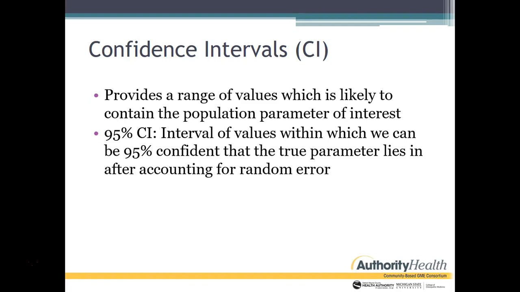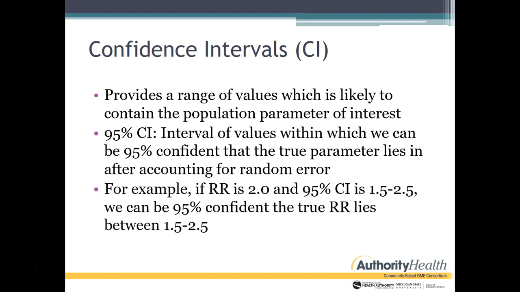So a 95% confidence interval is basically the interval of values within which we can be 95% confident that the true parameter lies, after accounting for random error. For example, if the relative risk of something is 2.0 and the 95% CI is 1.5 to 2.5, we are 95% confident that the true relative risk lies between 1.5 and 2.5.